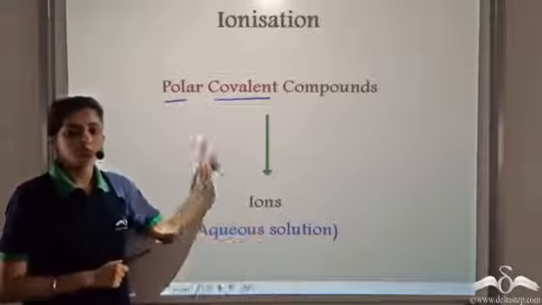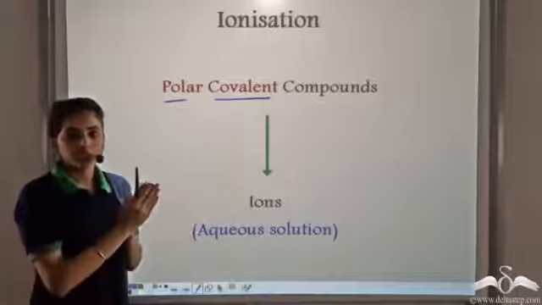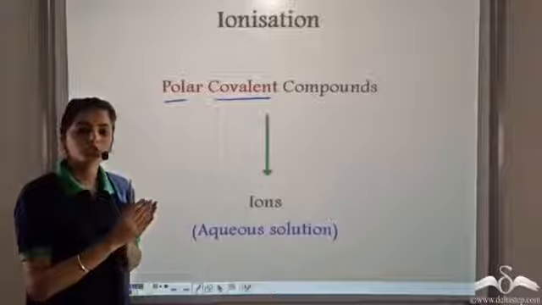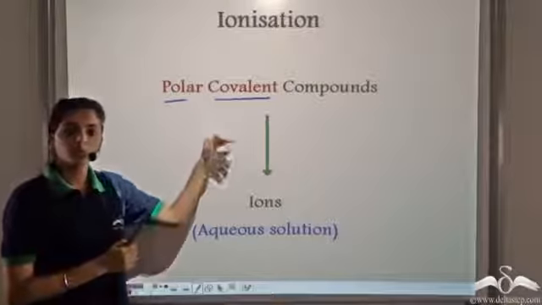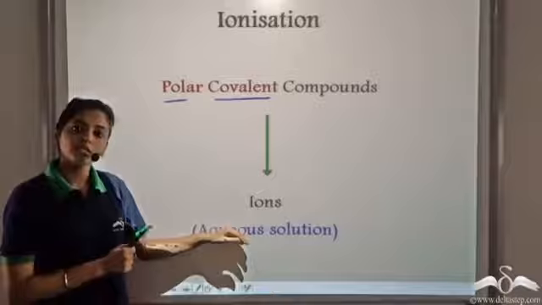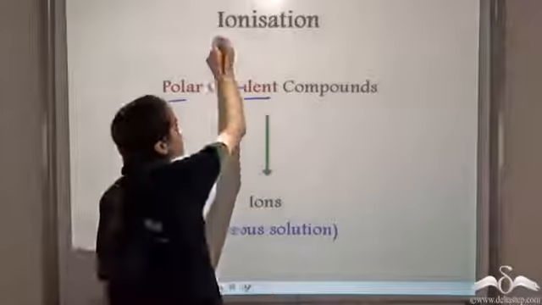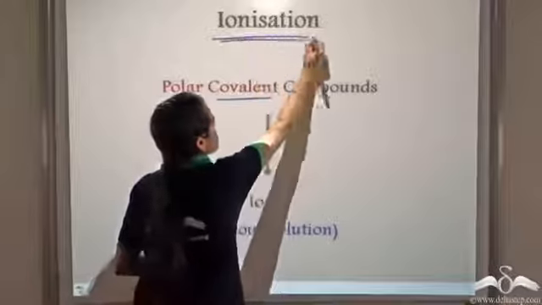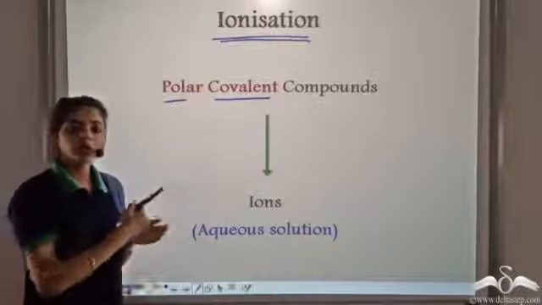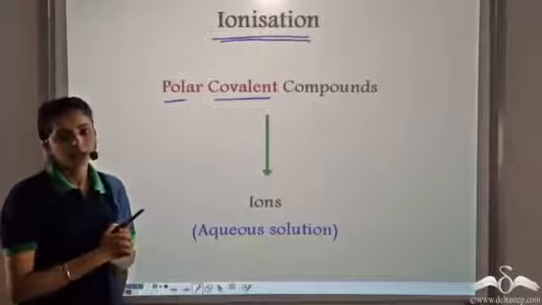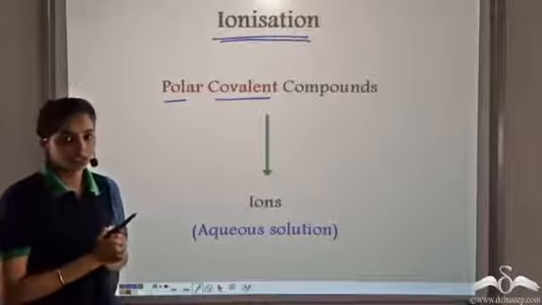This is because in polar covalent compounds, there is separation of charges, so on addition of water, the two ions separate out. When polar covalent compounds form ions, this process is known as ionization, because the polar covalent compound ionizes to form the ions.